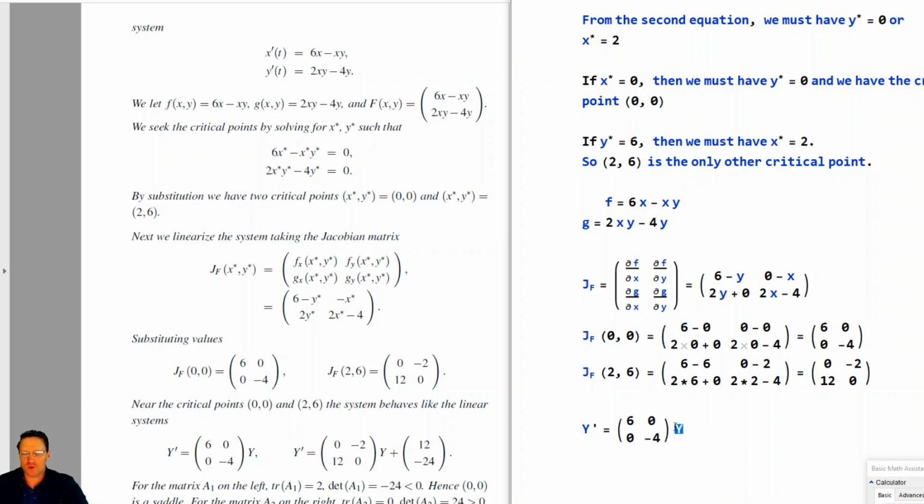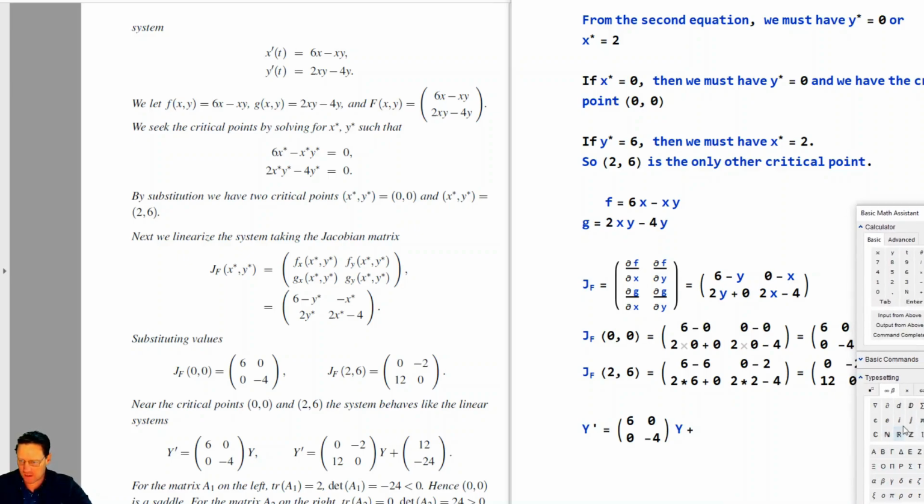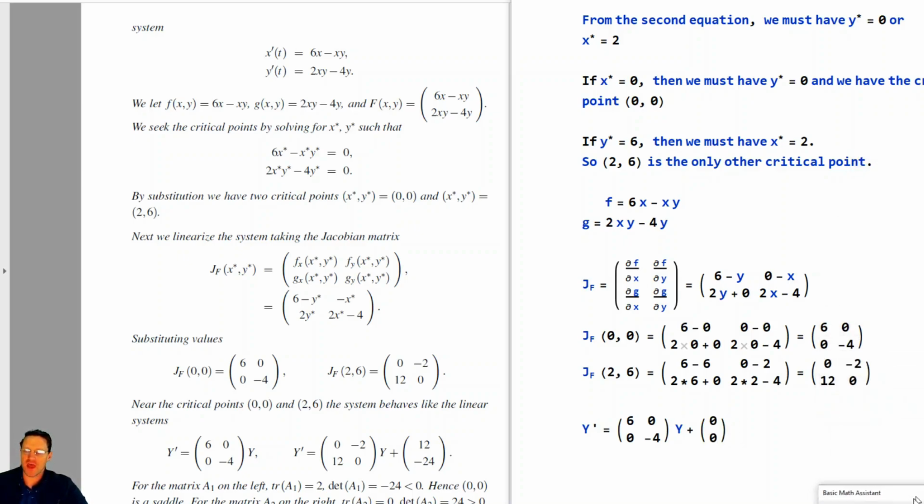Okay, so if we replace the y by 0, 0, we just have 0, so we don't need a b. Hang on, I want a vector, so it's just 0, 0 in this case, right, for that one.